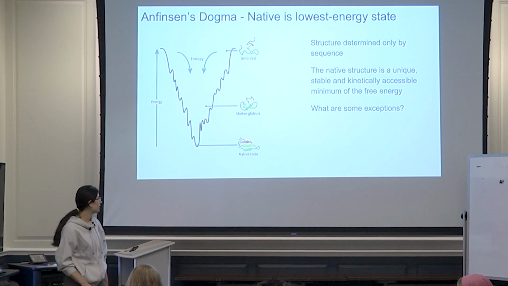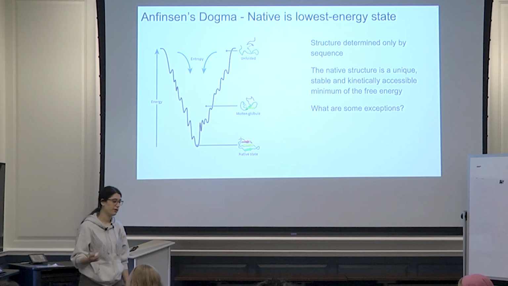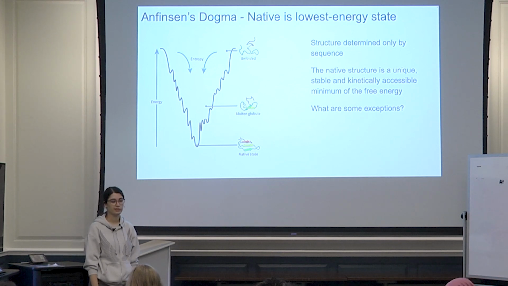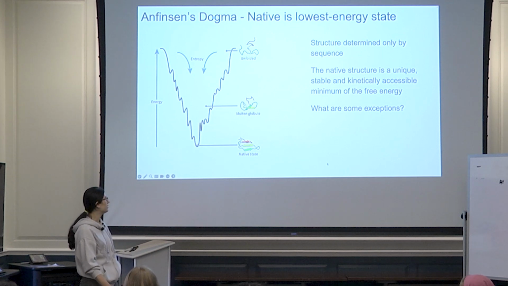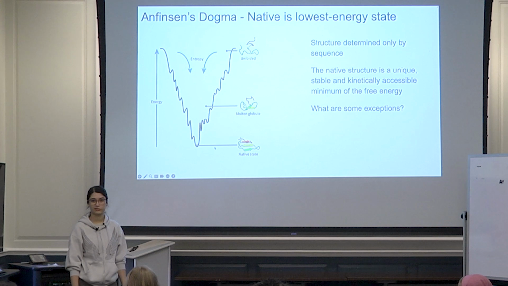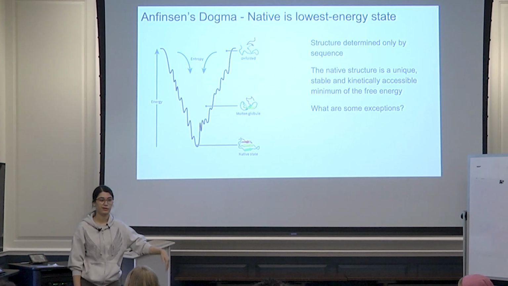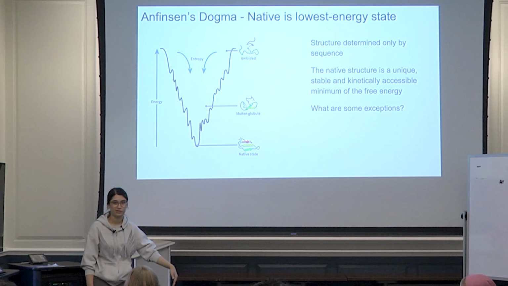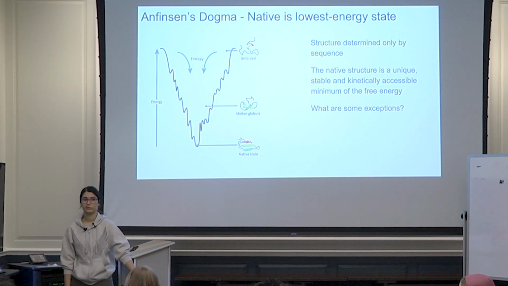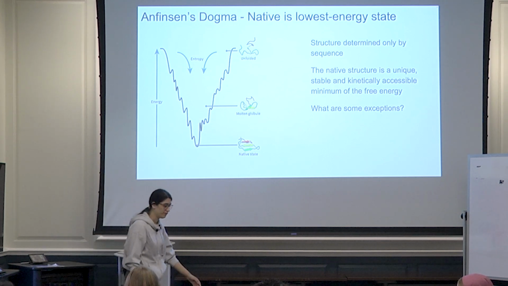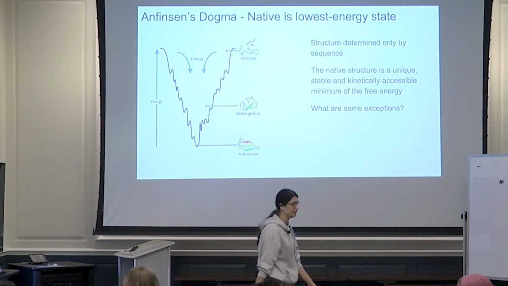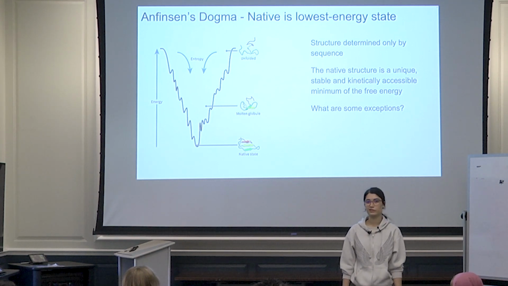Okay, so then one final question about this is, well, if that's true, is it correct to call this the native state? If I could search and find a lower minimum, what's the right way to figure out what the native state is?